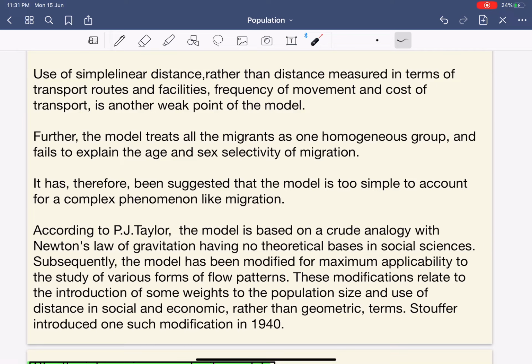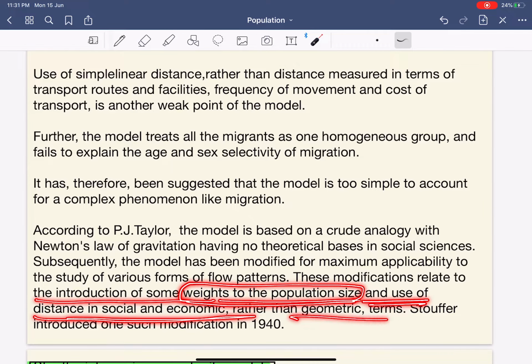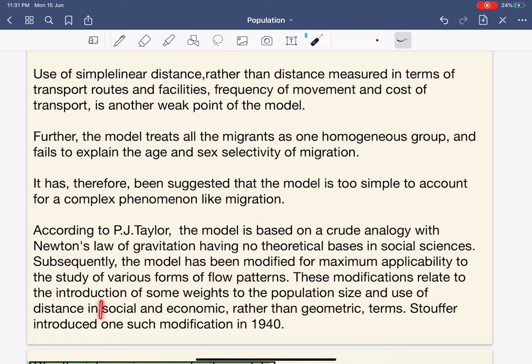Next, this modification relates to the introduction of some weights to the population size, and the use of distance in socio-economic rather than geometric terms. It means we have analyzed the social and economic parameters. What are the social parameters? Let us say a flood in a particular area can lead people to move away from it, or people who want higher education, that becomes a pull factor.